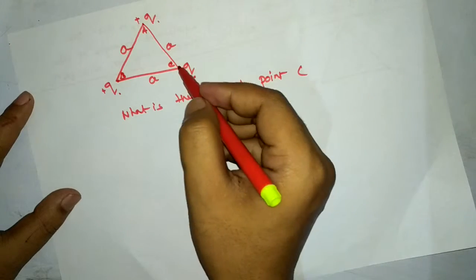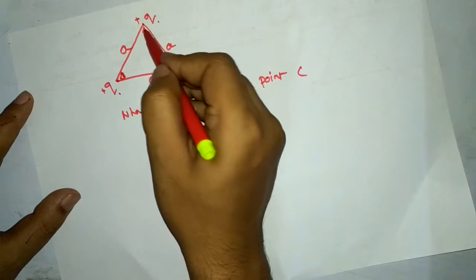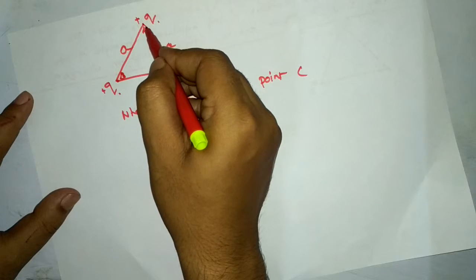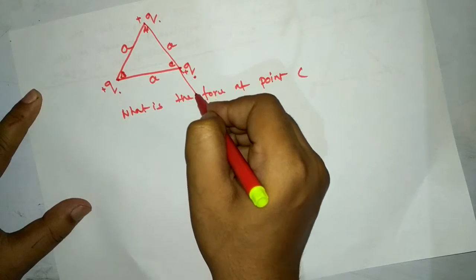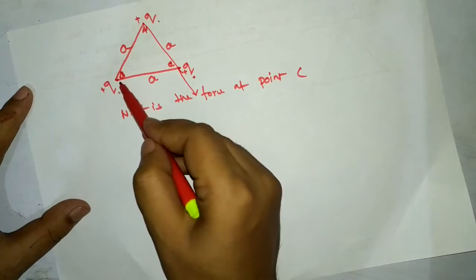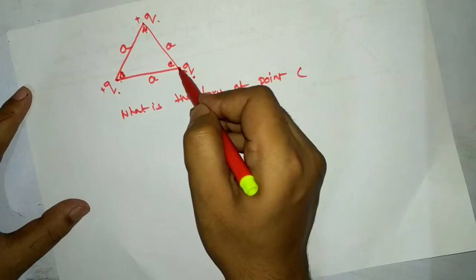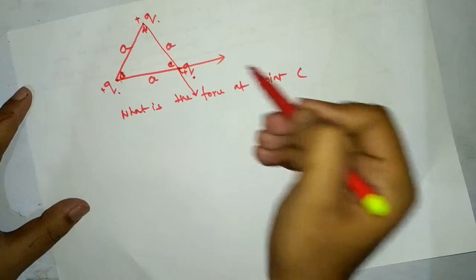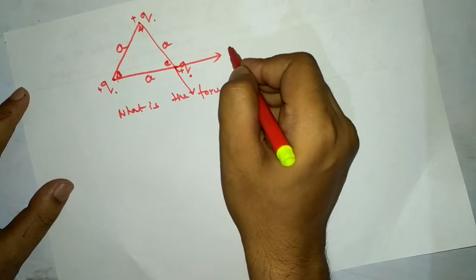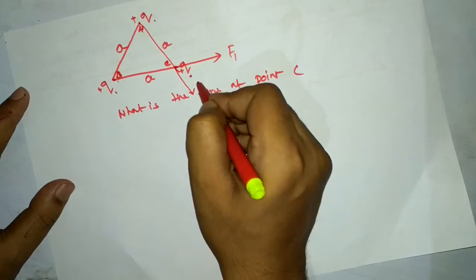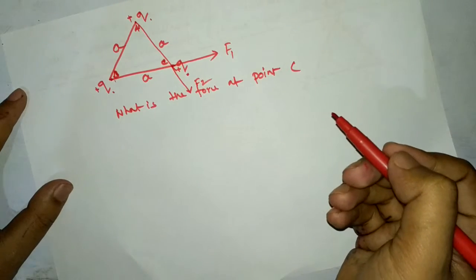Suppose this charge acts a force on this charge in this direction, and this charge also applies a force on this charge in this direction, because the force is repulsive. Suppose this force is F1 and this force is F2.